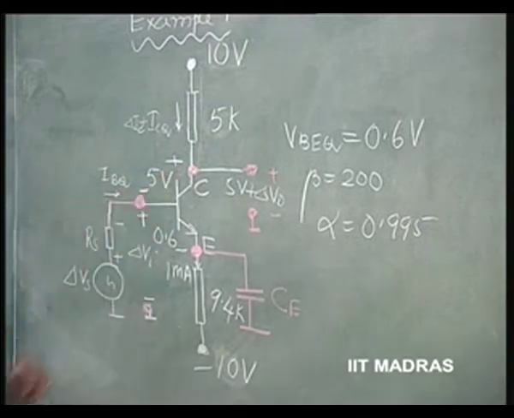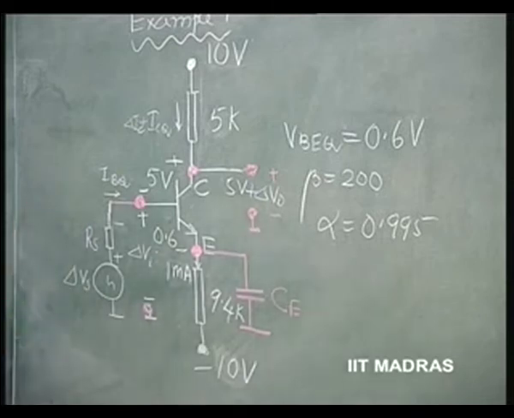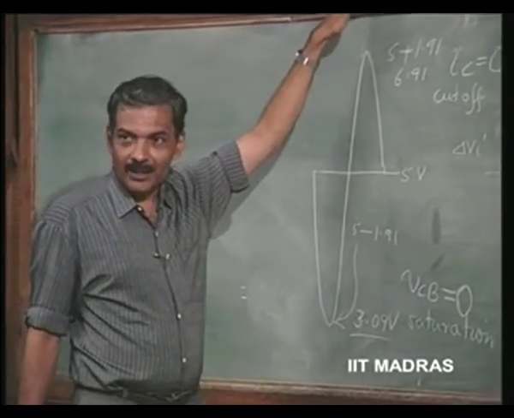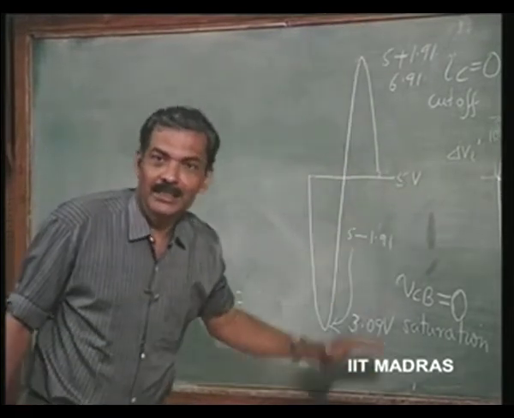So, in this design I have chosen purposely a symmetrical swing, that is when it goes to saturation, it is also going to what? Cut off. So, the operating point has been intelligently chosen here, so that it is having symmetric swing of 5 volts both on the positive side as well as the negative side.